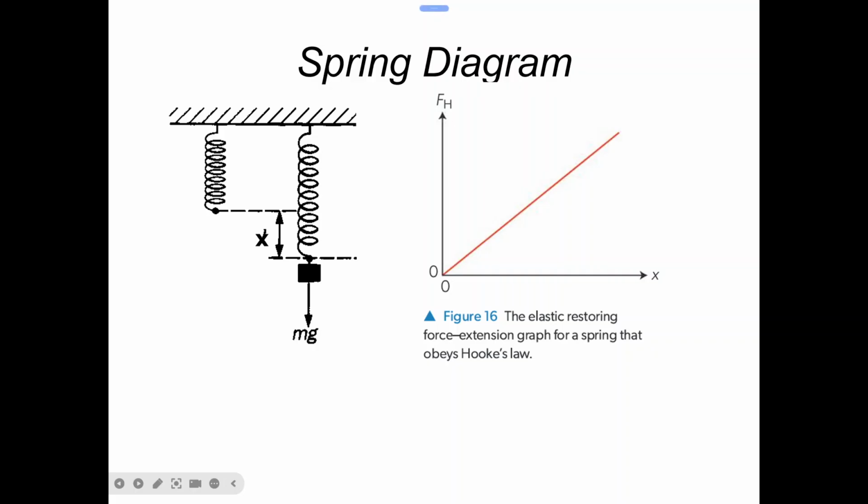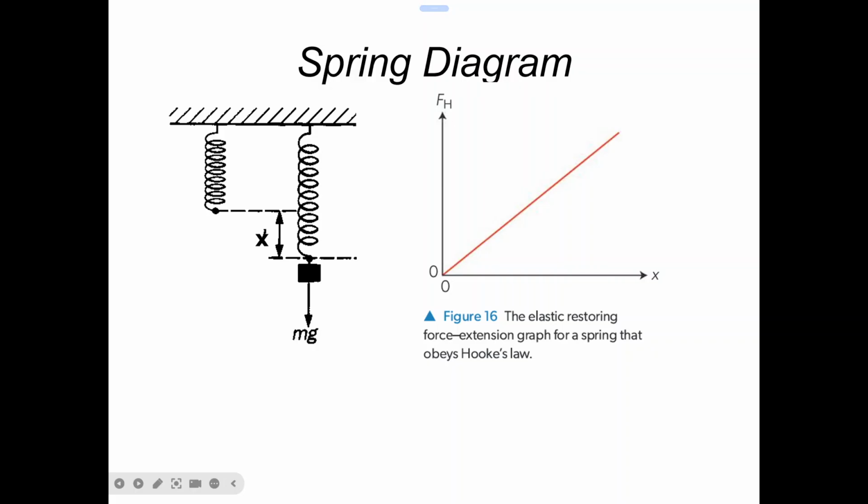So this is a spring diagram here. It's a similar thing: you hang a spring here, and then you hang a weight here. The spring is going to be extended. This is the original length. If you put a hook on it, it will be stretched by a certain amount, and this x is called the extension.